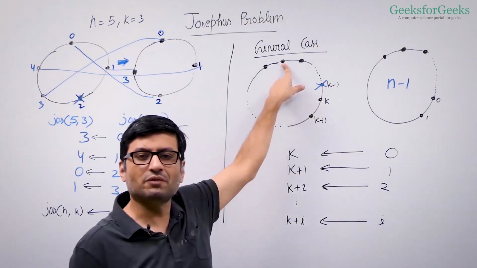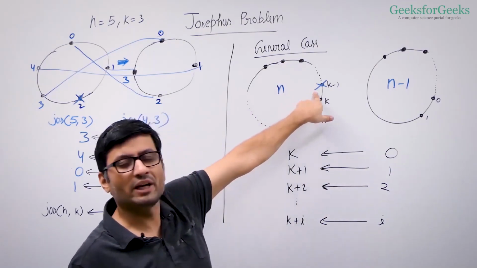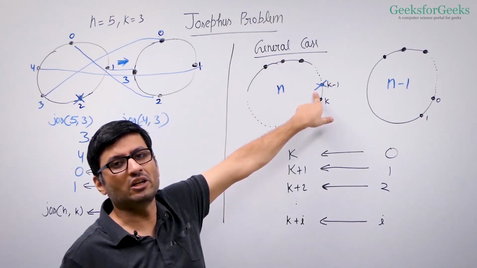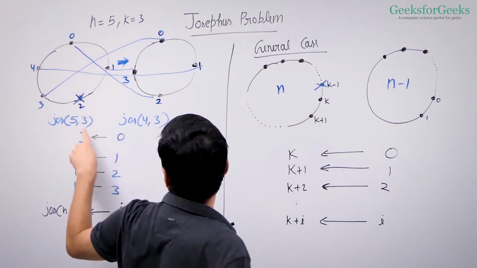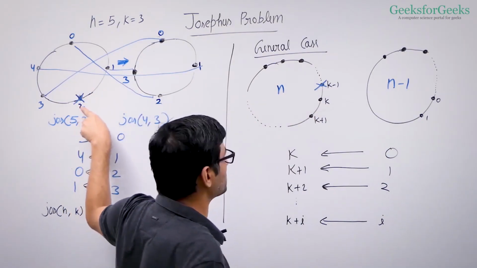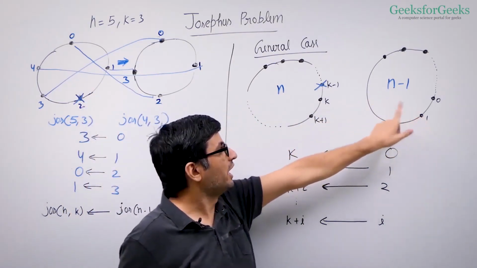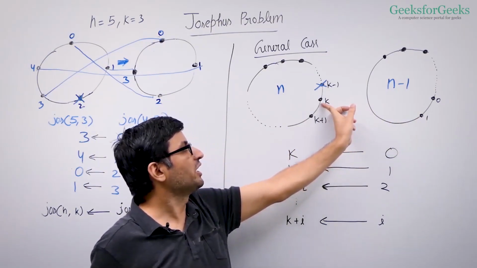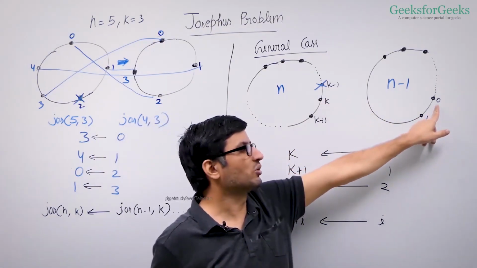So what happens in the first killing? K minus 1 person is killed, right? Here, for example, when K is 3, person number 2 is killed. And the person at position or index K becomes 0 now, right?